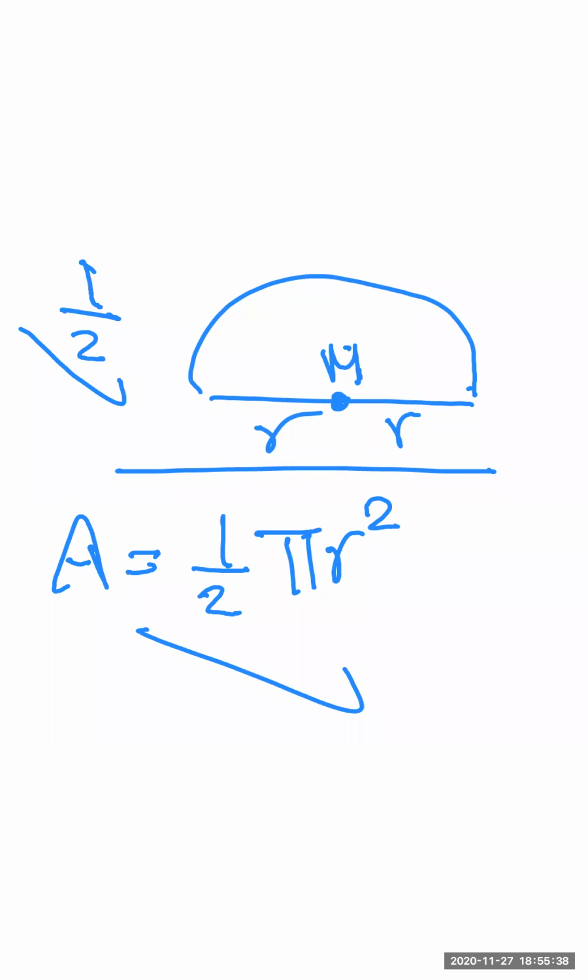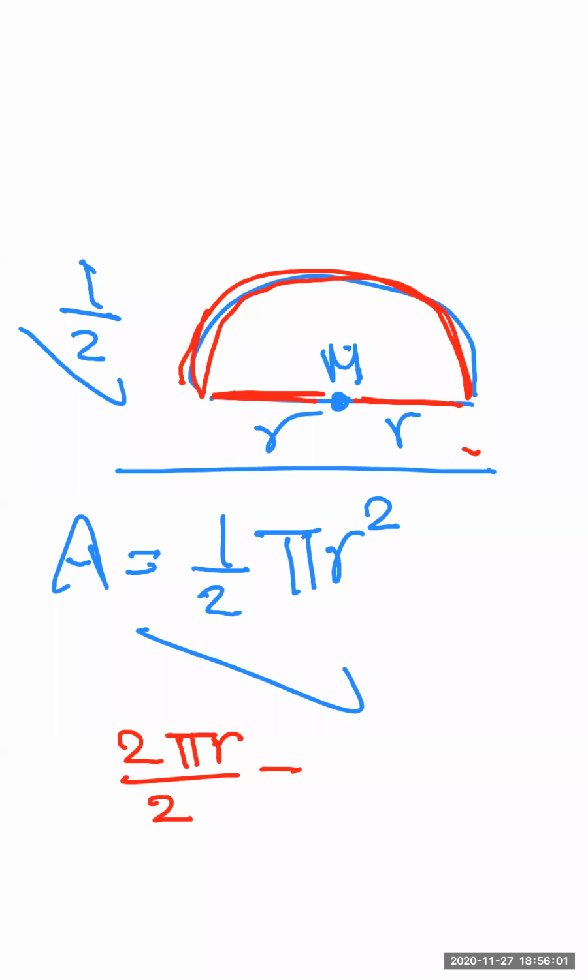The circumference equals half the circumference plus this one, the diameter. So the circumference of the circle, 2 pi r, divided by 2, plus 2r or d. Now it's clear, Fuad? Yes.